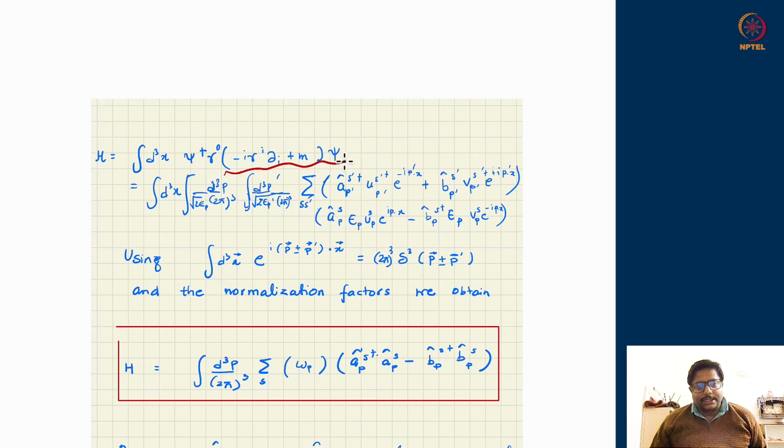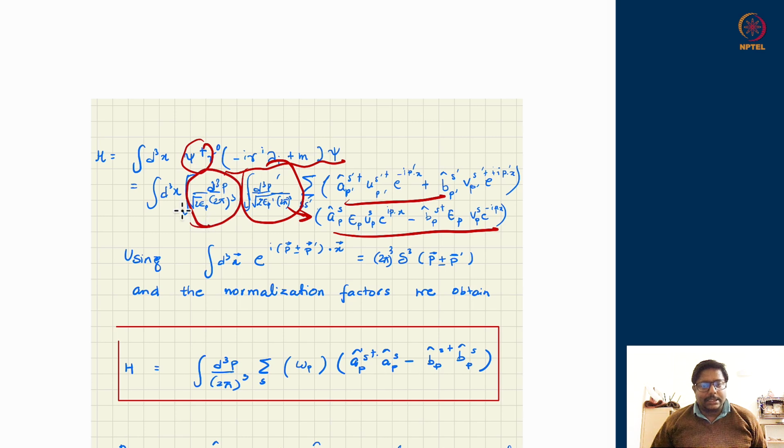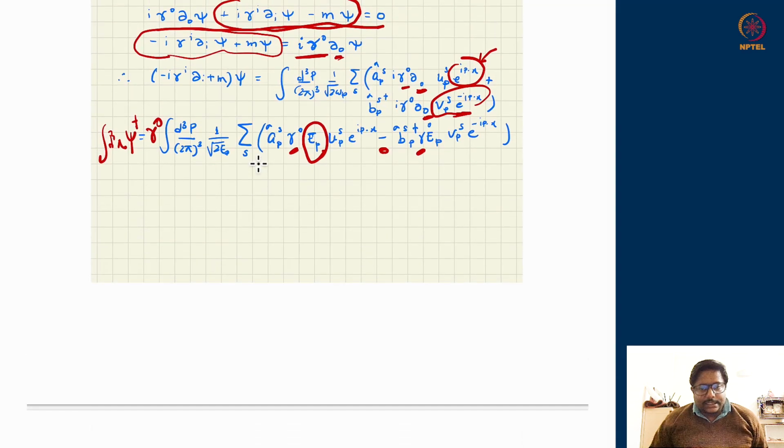So this operator, which gives rise to a negative sign difference between these two, times a d3p integral, which is this. And the psi dagger, which is this, and this d3p integral. And when I multiply a gamma naught, you see in this term, both the terms have a gamma naught here and a gamma naught here. When I multiply a gamma naught, it becomes a gamma naught square, which is identity.